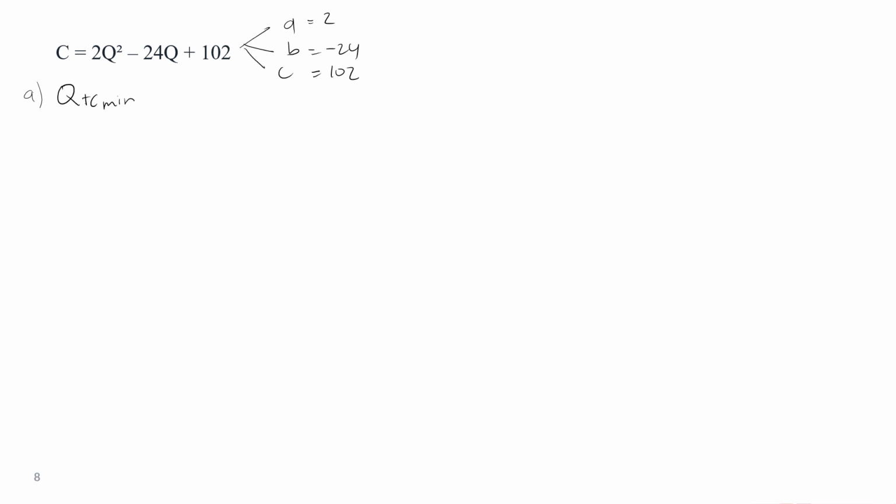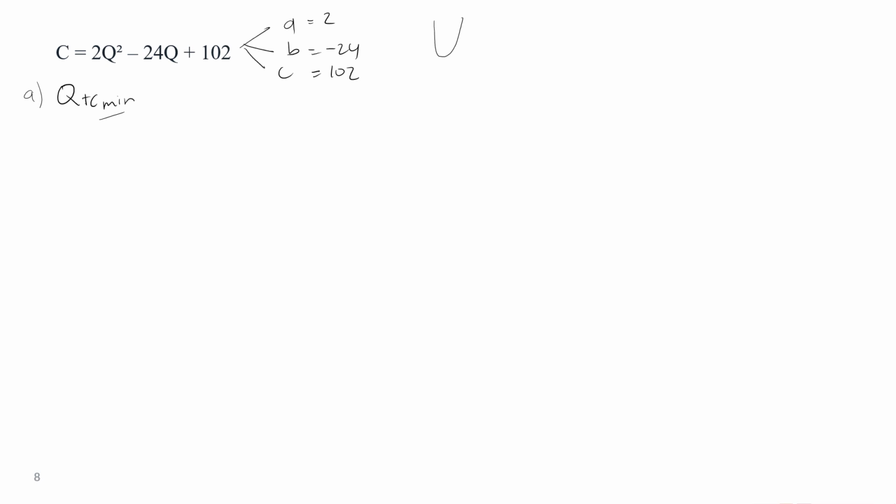Since the question is for the minimum, we go directly to define first whether it really has a minimum point. A minimum point should look like this, right? It should open up. Now, how do we define when the curve is open up like this?